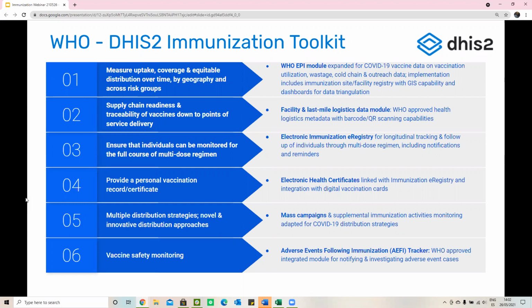And we are now also spanning to ensure that individuals are monitored throughout their doses, so immunization registries for individual data, as well as the management and overview of supply chain readiness. So we have both aggregated and individual data for supply management. And as you will see, we also have the possibility to link to vaccination records or certificates.